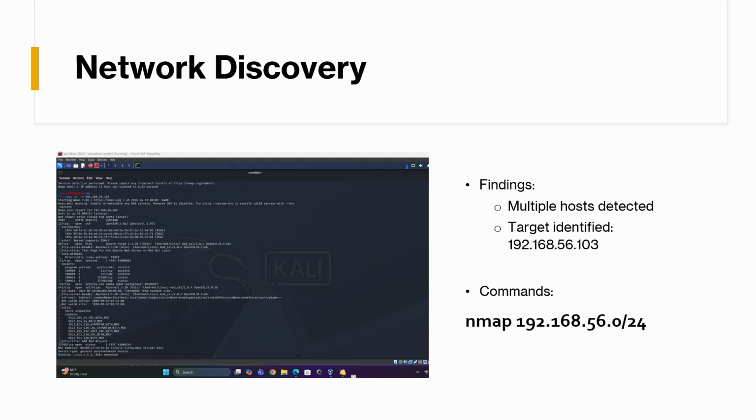From a penetration testing perspective, this is part of the reconnaissance phase where the goal is to map the network and identify potential targets. This process reduces noise and ensures that further scanning is focused only on systems that are actually reachable.